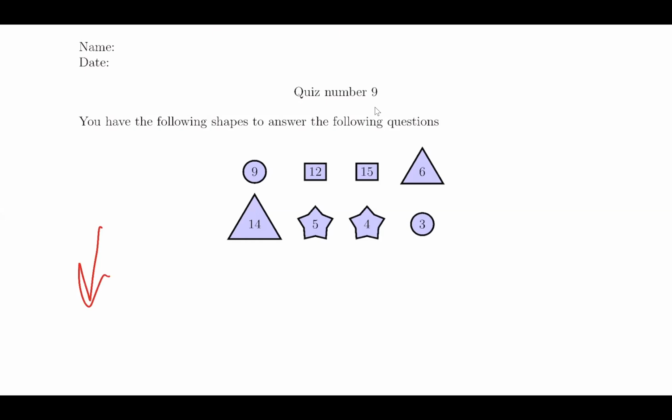Each shape has a number associated with it. Think of it like a jersey number. So this one is circle number 9. If you look at how many total shapes do I have? 8.